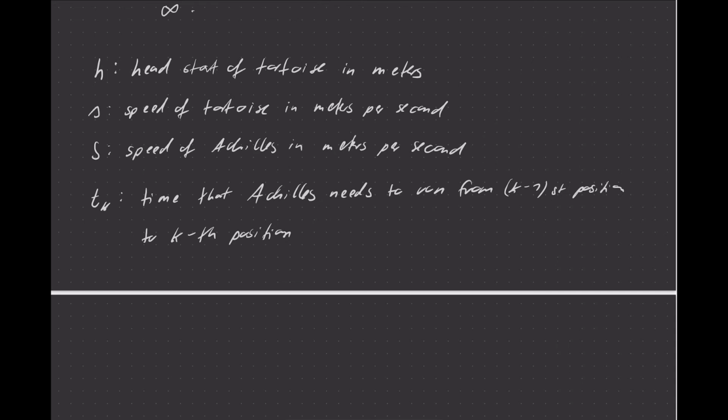And we'll also say that t1 is the time that Achilles needs to cover the distance from the starting point to the starting point of the tortoise. So that's the time that he needs to cover the head start distance.